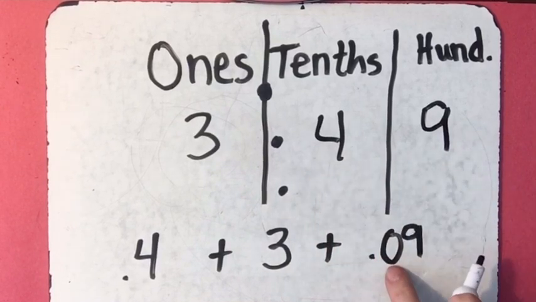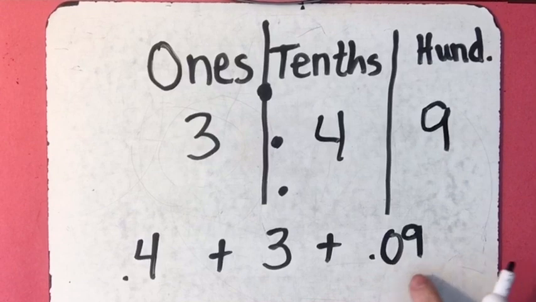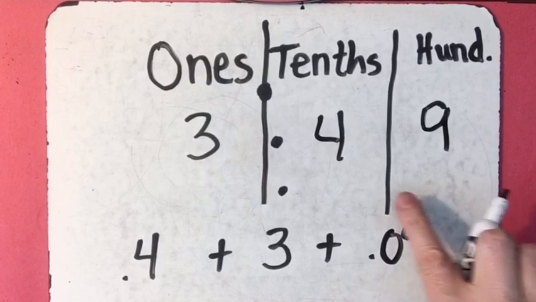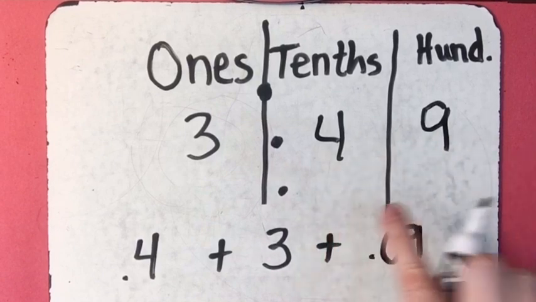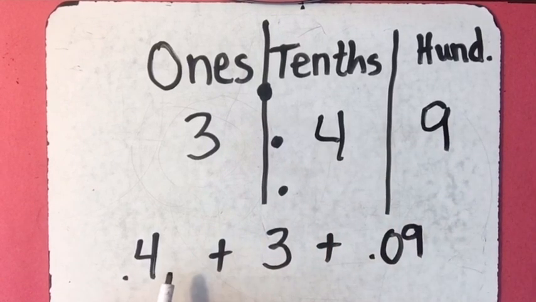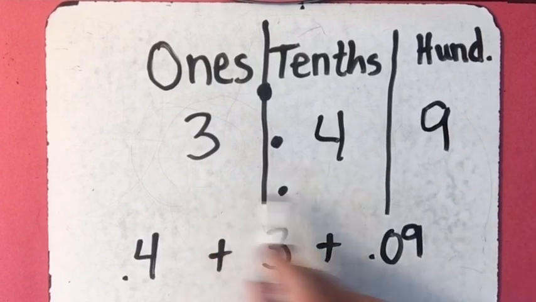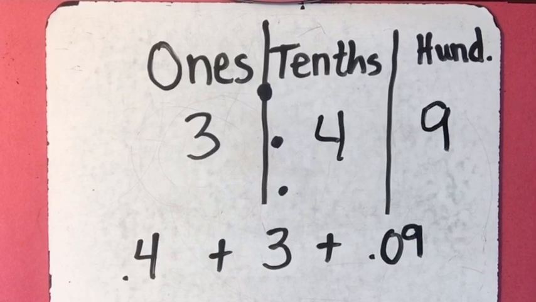This is a placeholder 0 to show that this is 9/100 and has no tenths. But when we're adding them, we have 4/10 plus 9/100, or 40/100 plus 9/100, and get our answer, which is 3 and 49/100.